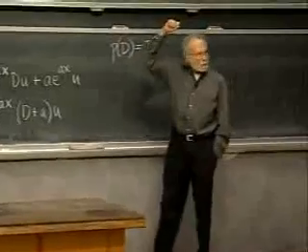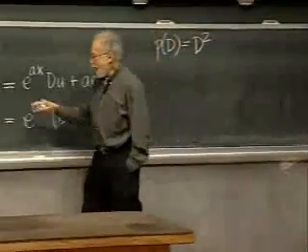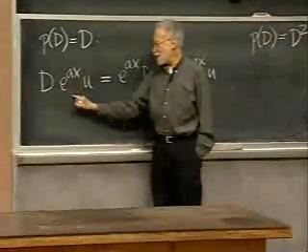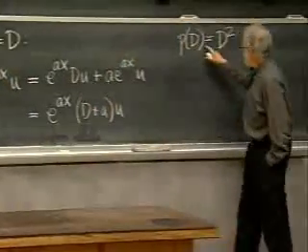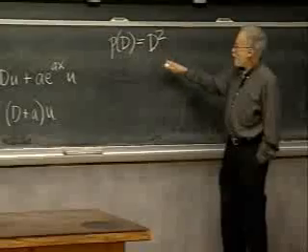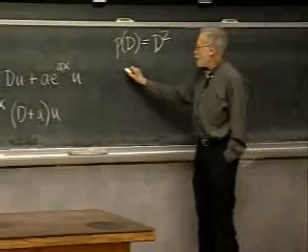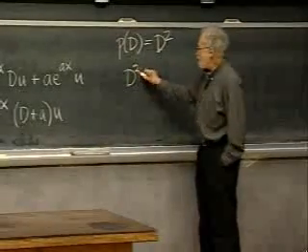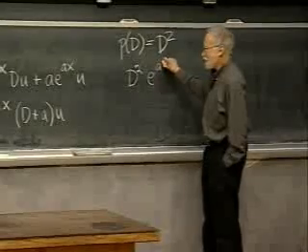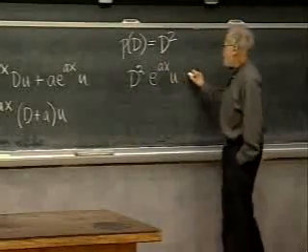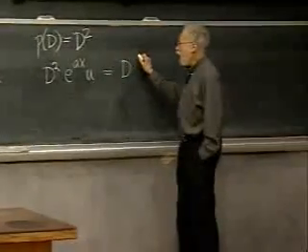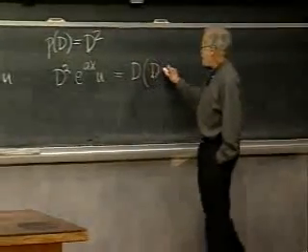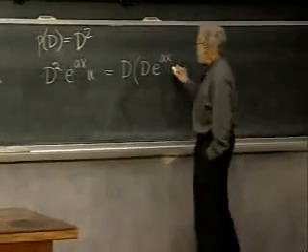Instead, you bootstrap your way up. I have already a formula telling me how to handle this, and u can be anything. Therefore, look at this not as d squared all by itself. Calculate instead d squared e to the ax times u. Think of that as d, the derivative of e to the ax u.